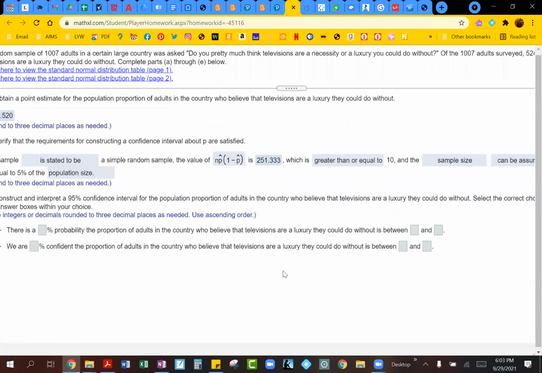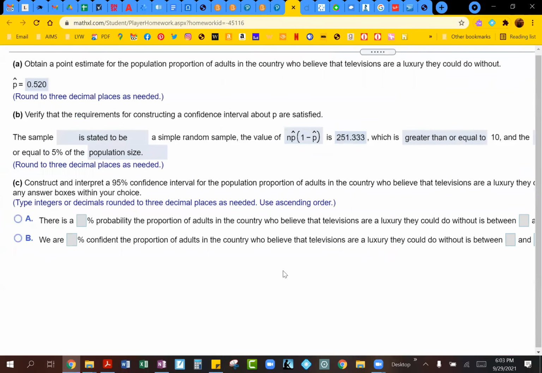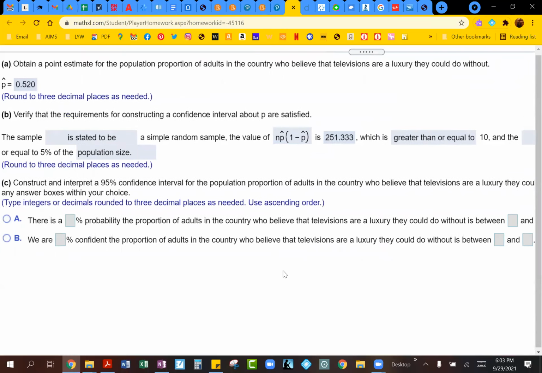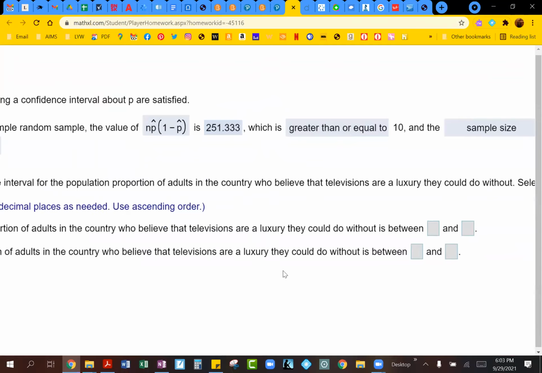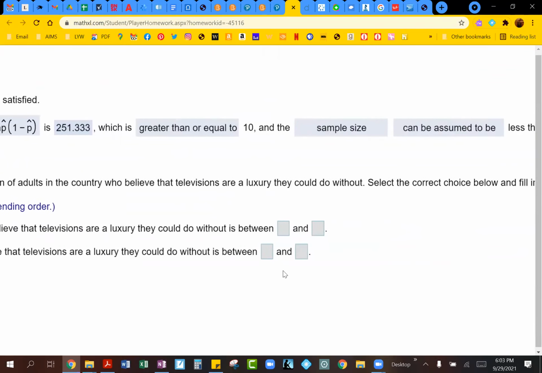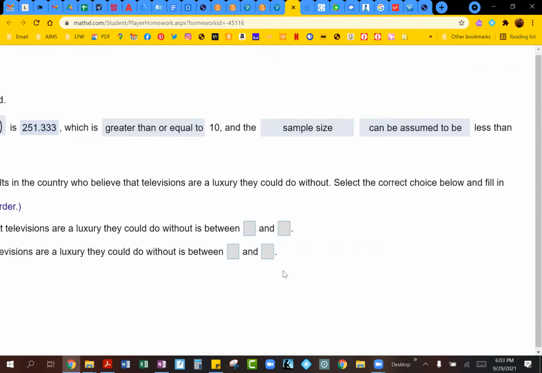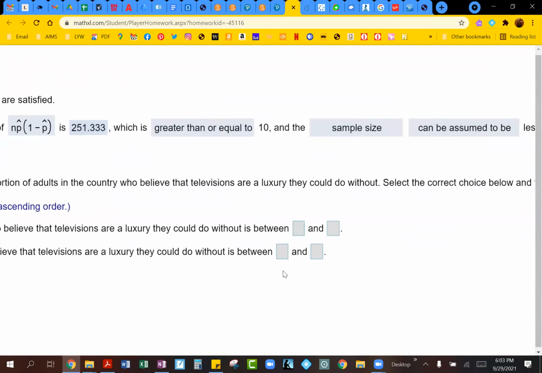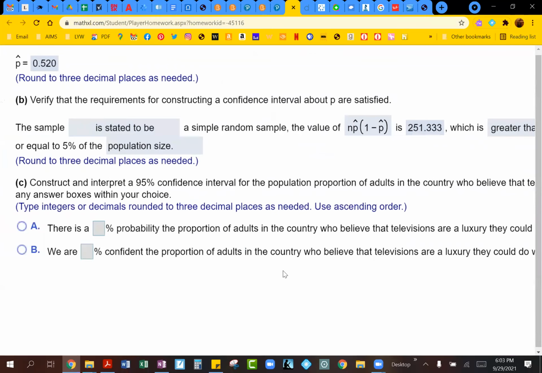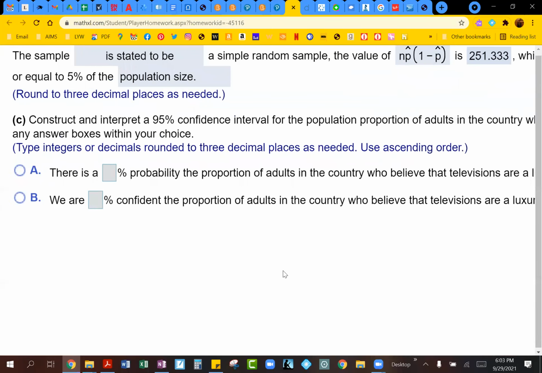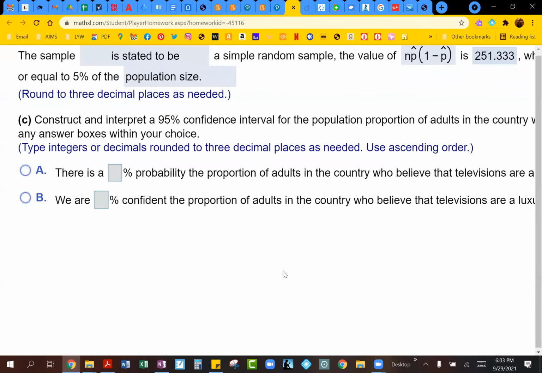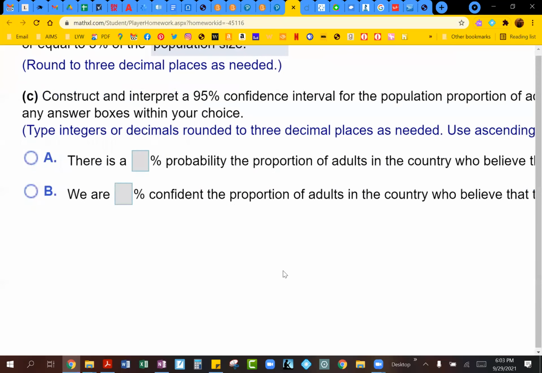And then this is actually where we now get into our confidence interval. They're saying construct and interpret a confidence interval for the population proportion of adults in the country who believe that televisions are a luxury they can do without, and they say choose the correct choice and fill in your answer boxes. So one of the things I will say right off the bat, see the two options you have over here?